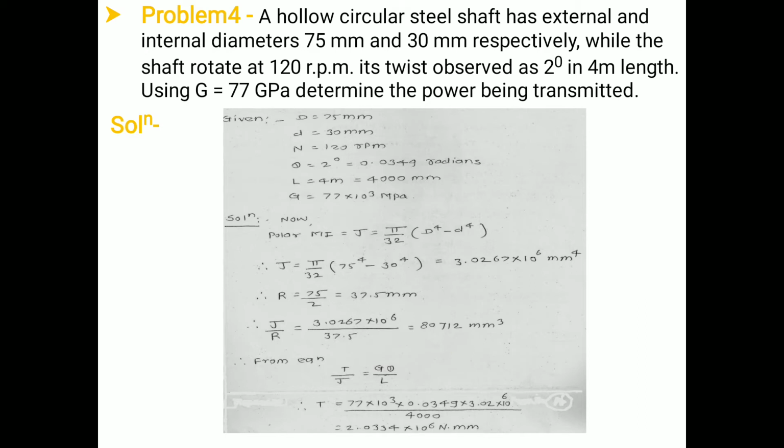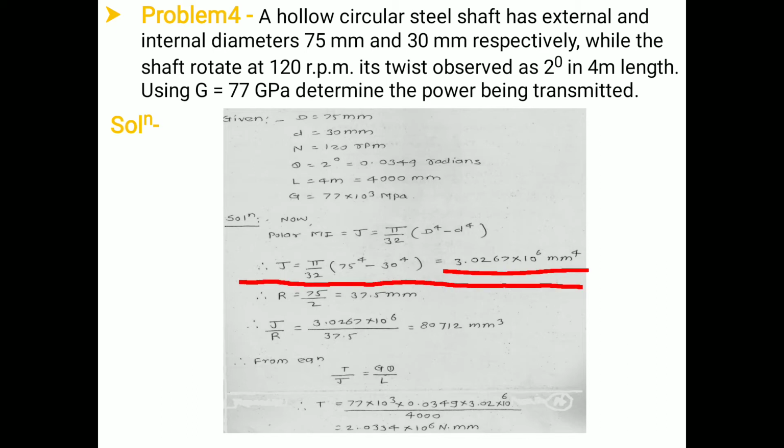So we have J is equal to pi by 32 times capital D raised to 4 minus small d raised to 4. As the values of capital D and small d are already given in the numerical, on putting those values, we have J is equal to 3.0267 into 10 raised to 6 mm raised to 4.